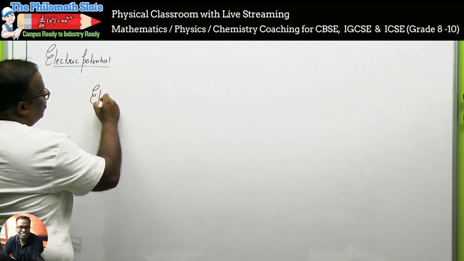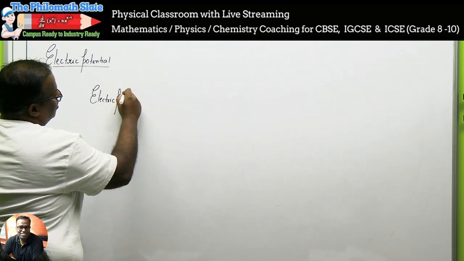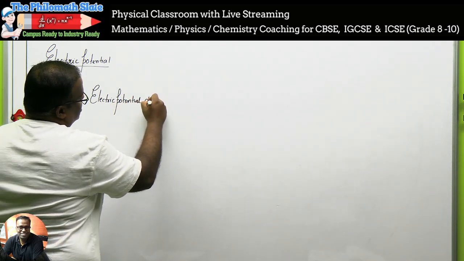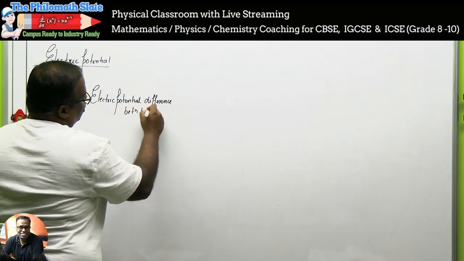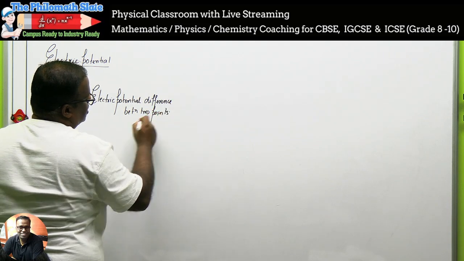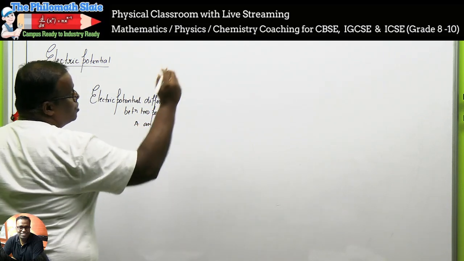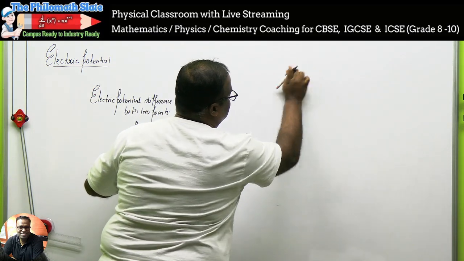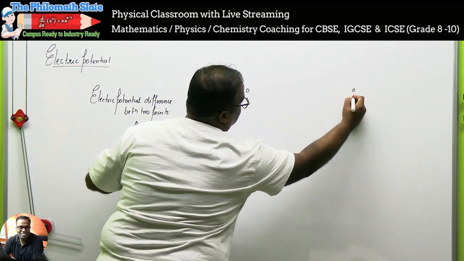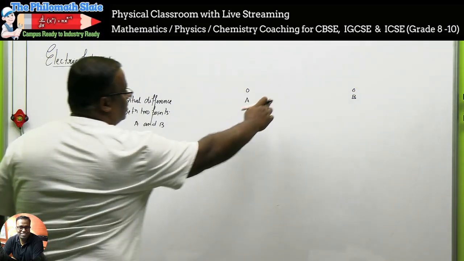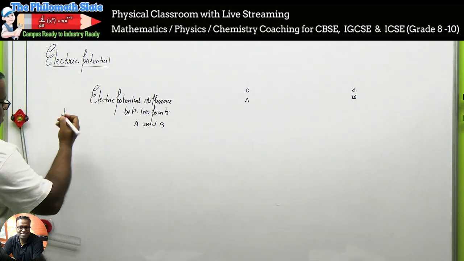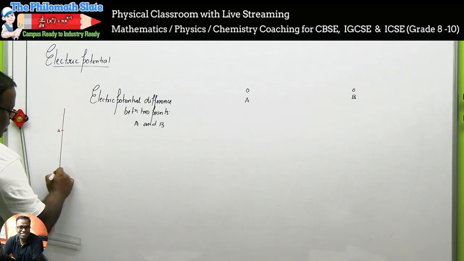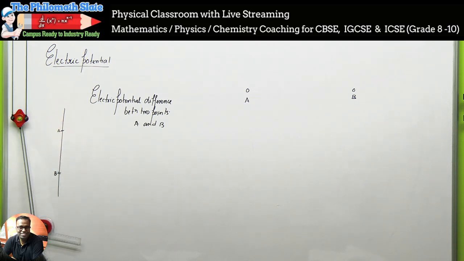Let's try to understand something called electric potential difference between 2 points, say A and B. Let's have a point A, and a point B. In terms of the potential ladder, there is some point called A and some point called B. What is the difference of potential between these 2 points?